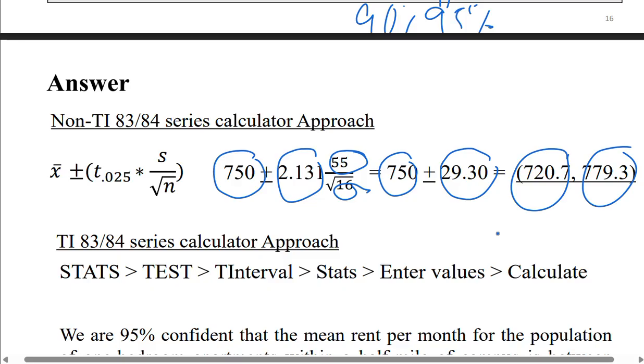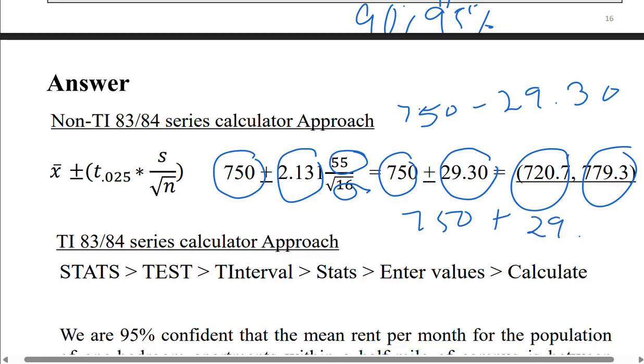Now, let me take a little bit of time here to talk about adding and subtracting. When we say add and subtract, it means perform two calculations. The first calculation will be 750 minus the margin of error of 29.3, and the second calculation will be 750 plus the 29.3.